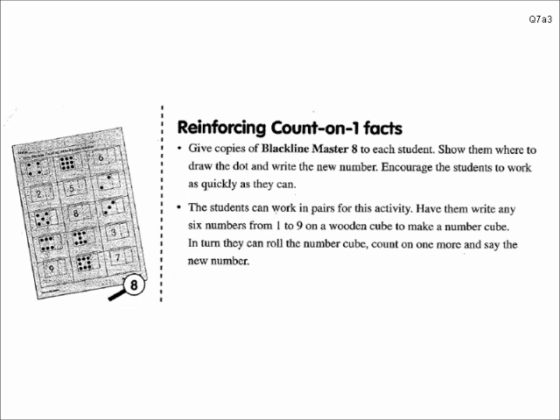The count on is the name of the strategy that you're applying in this situation. So you might be presented with a situation where you've got 5 counters in one group, and you've got 1 counter in another group. Because you're going to be initially doing this at the children's language stage, with the cubes that they were talking about there.